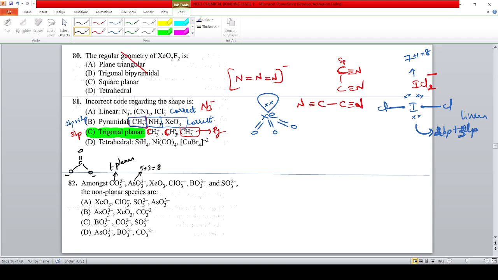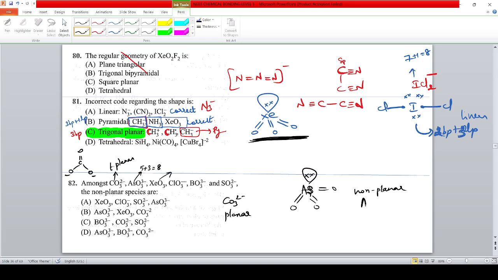Out of the 8 electrons, 2, 4, 6 are used for oxygens. The oxide anion is non-planar. Now come to the third one, XeO3. This is XeO3, pyramidal shape, non-planar.